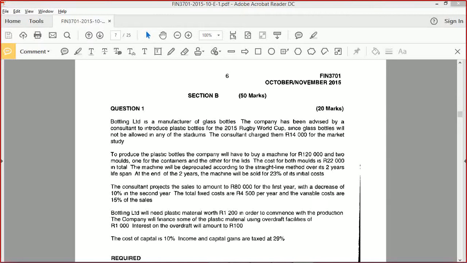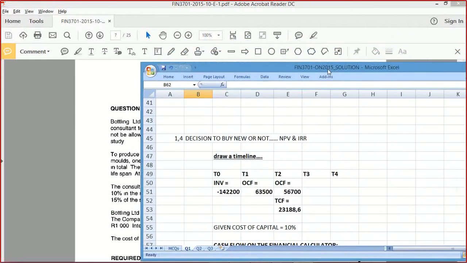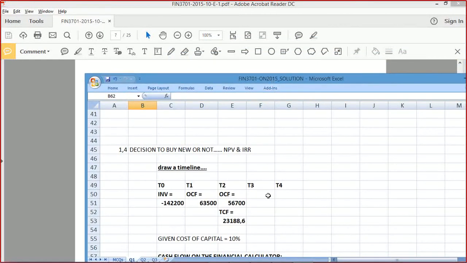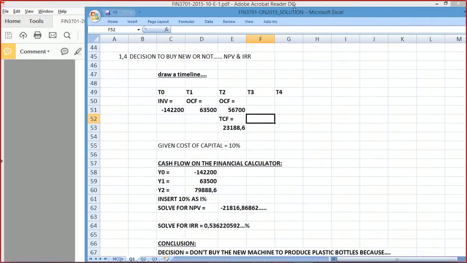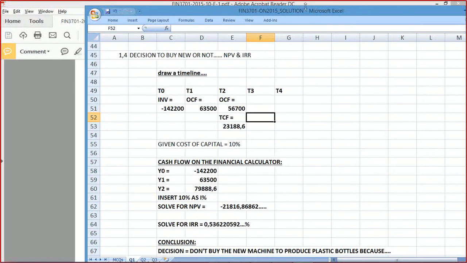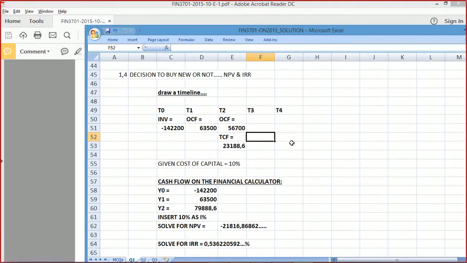142,200 minus, that's cash flow 0, 63,500 plus 23,188.6.